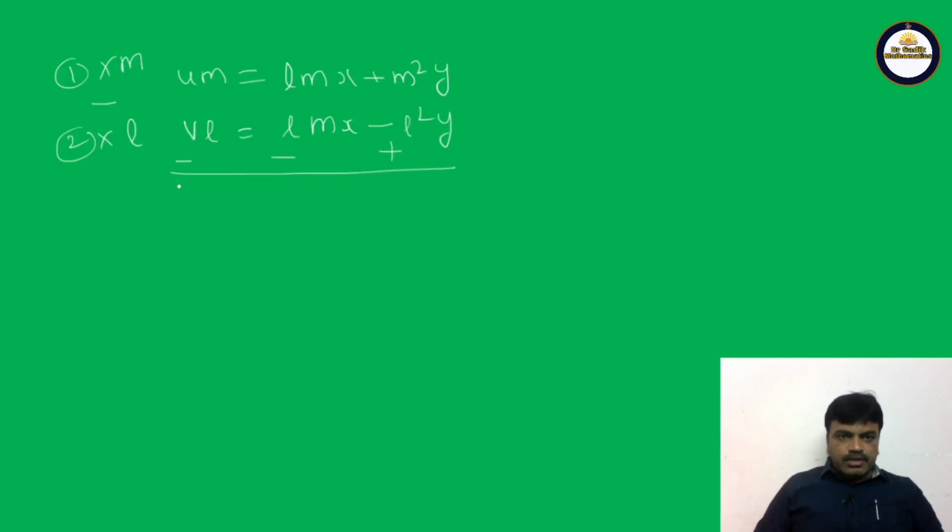So we get minus vL... that is equal to L square plus m square into y.